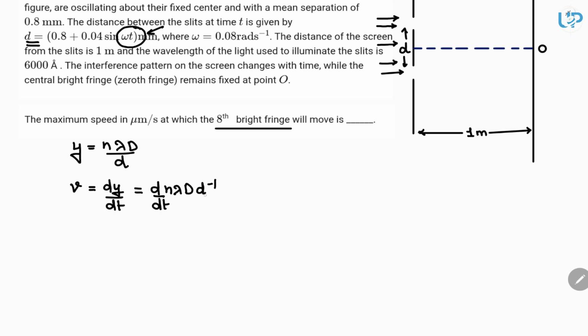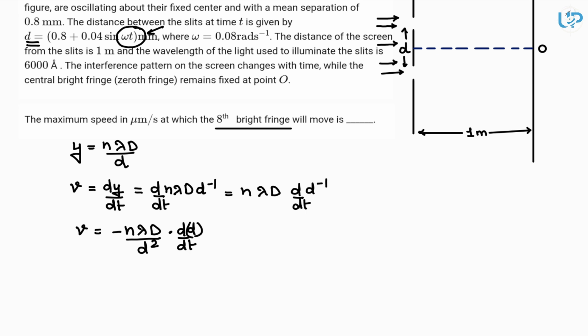So only small d is changing. We can take n lambda capital D out of it and differentiate d to the power minus 1. So what we get is v = minus n lambda D upon d square into d by dt of d. This is the chain rule which I have used.